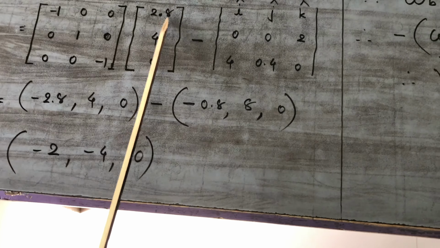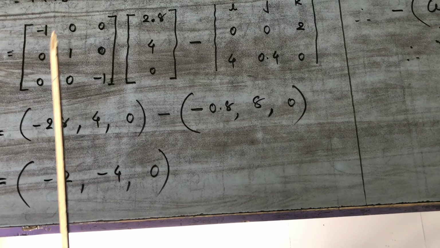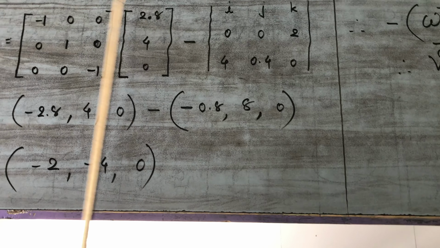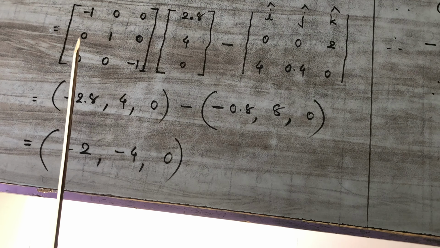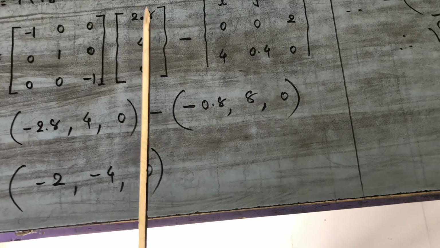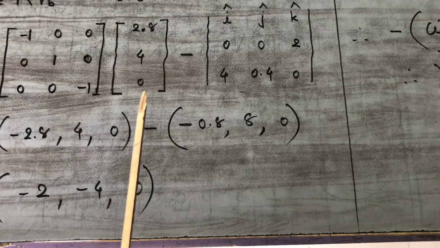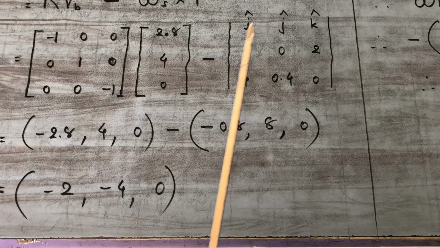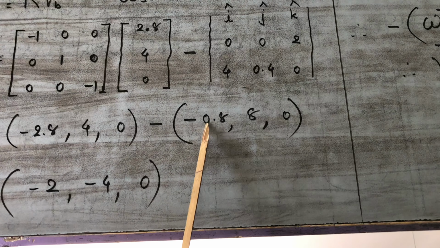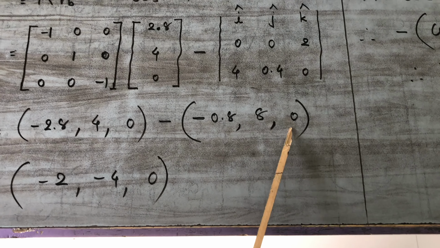If you multiply this, first row this column, second row this column, third row this column, so minus 2.8, 0, 0, and so on. And if you take the cross product, you can verify also. We get minus 0.8, 8, 0.